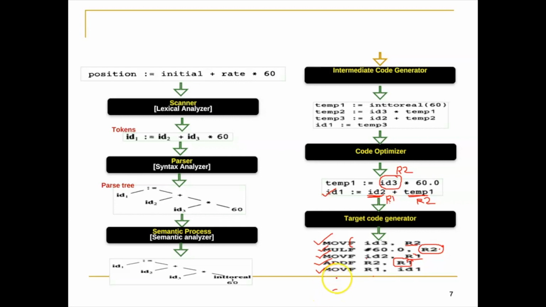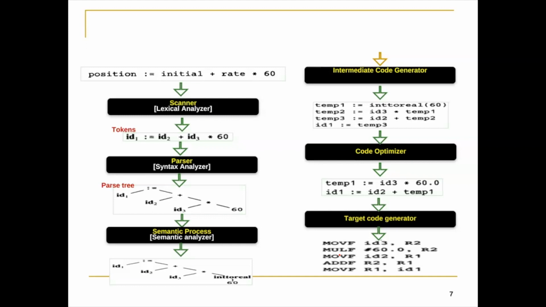For the ease of explanation, I took it as assembly language, but the majority of compilers convert the source code directly to machine code, instead of generating this assembly code. The drawback with assembly code is that we have to use an additional assembler to convert it to the target code. So these are the different phases of the compilation process.